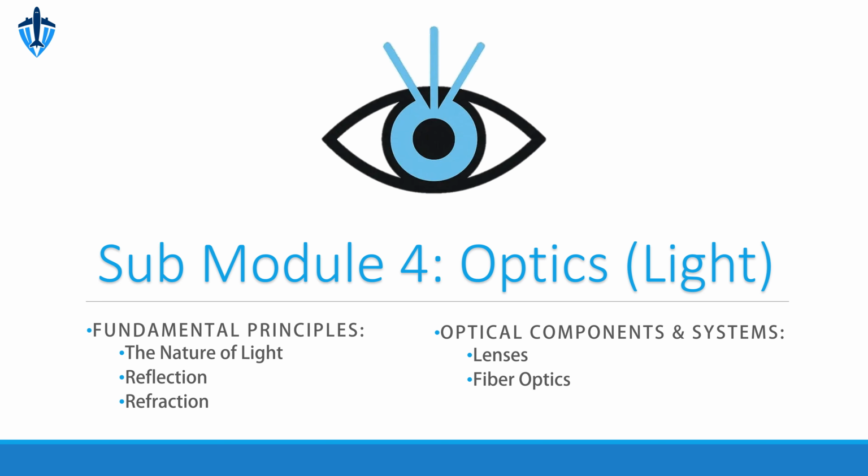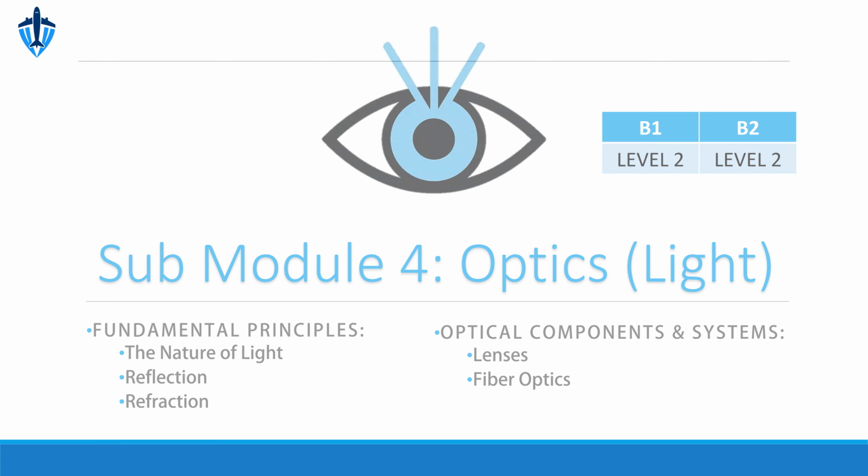Understanding these concepts is crucial for working with the sophisticated communication and sensor systems in modern aviation. This knowledge is required for both B1 and B2 certification levels. So, without further ado, let's shed some light on the subject.